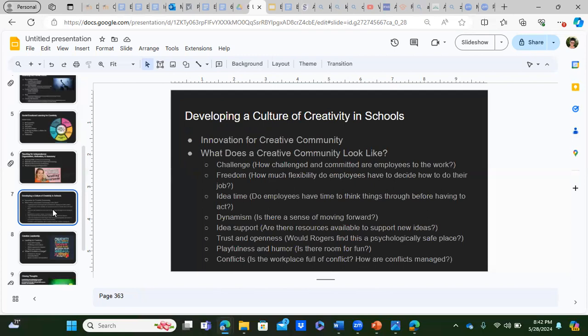Next, we want to switch from just the classroom to actually talking about developing a culture of creativity in schools. And I want to reiterate, we're switching to chapter 10 now, but you are a school leader. So I don't want you to think that just because you spend the majority of your time in one classroom, you are not a school leader.